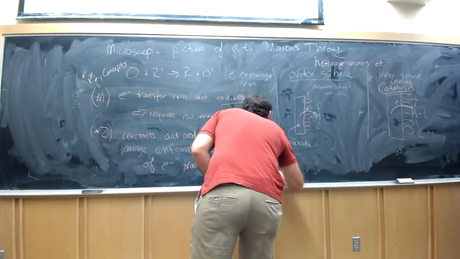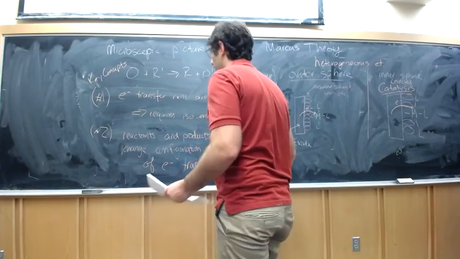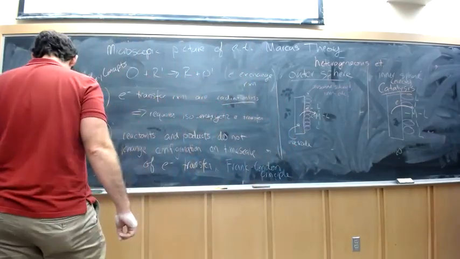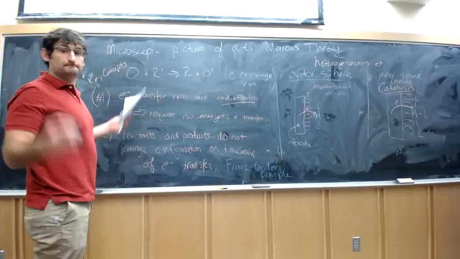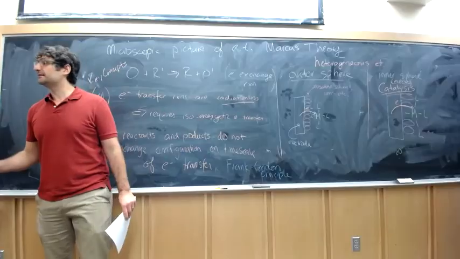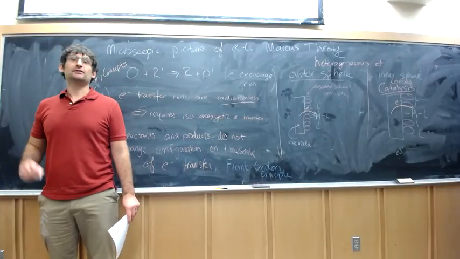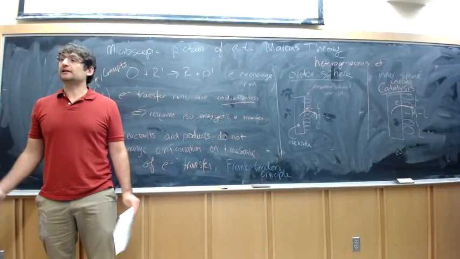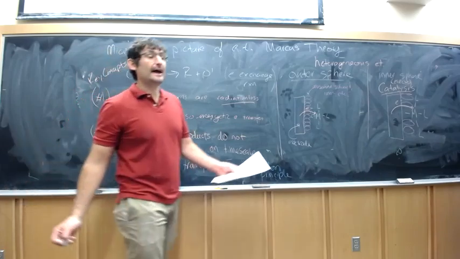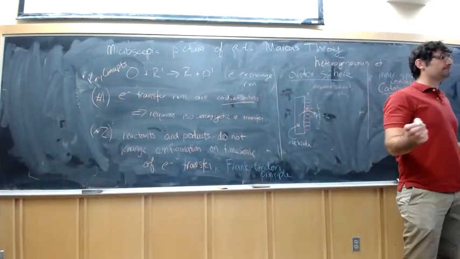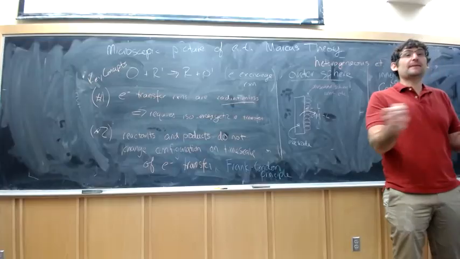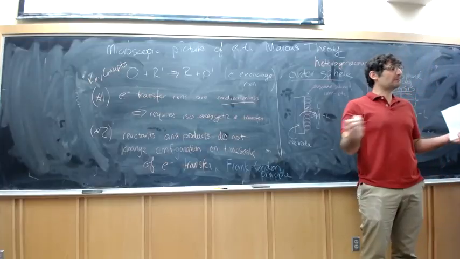If you remember that from physical chemistry, the Born-Oppenheimer approximation is also related. So electrons are much faster than nuclei. That makes sense, right? Electrons are teeny compared to nuclei. They have many, many orders of magnitude less mass, so they can move very fast compared to the rate of nuclear motion. So electron transfer happens faster than a single vibration of a bond.